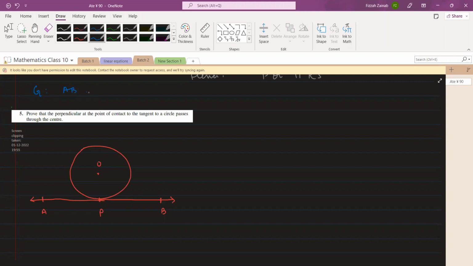AB is a tangent at point P to a circle. The circle is denoted like this, we can call it C, whose center is O and radius is small r. This is how we denote a circle. So AB is a tangent. That's it. Now you have to prove.